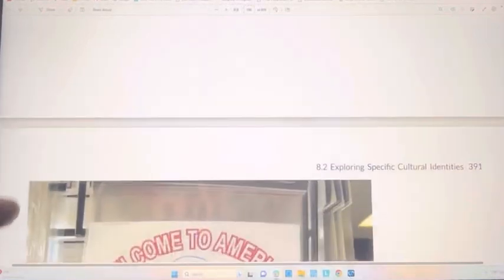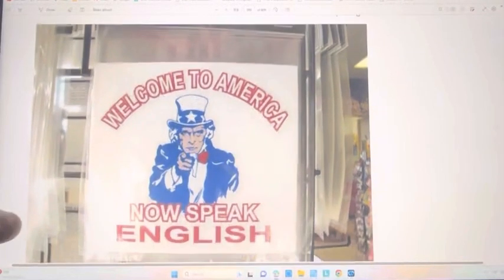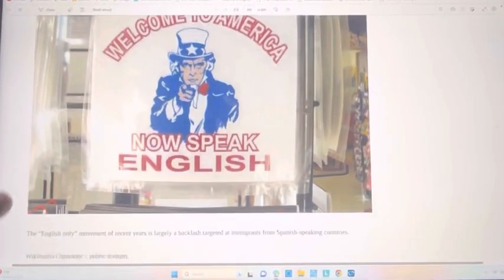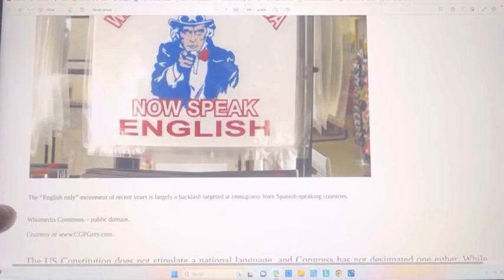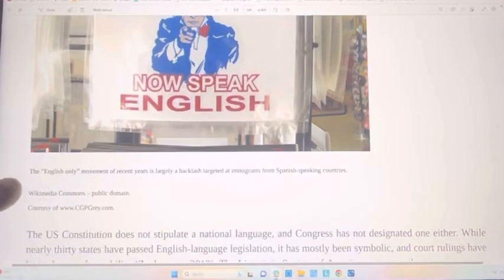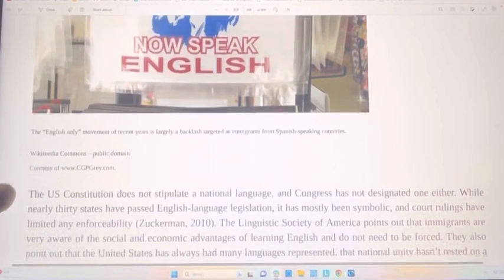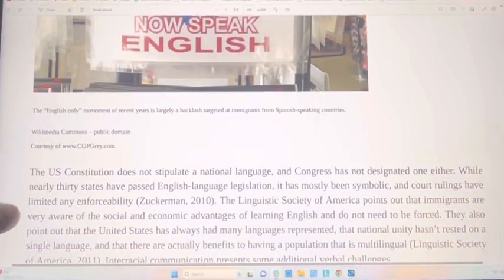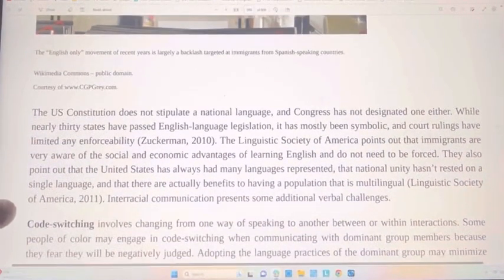As somebody who worked in school systems for 15 years, it's really difficult when you have kids who come to your school and they don't speak English and nobody in the school speaks their dialect, and we're trying to teach them English because we need a standard language that we can teach in and test in and hold people accountable for.